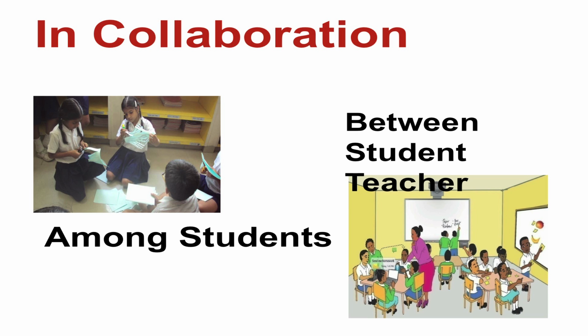So, what they are doing is they are learning in collaboration. Second is between student and teacher. I am sure many of the times you must have taken a computer to your classroom to show any video or to project it on the screen, and then you interact with your students. So, in collaboration, ICT is used.